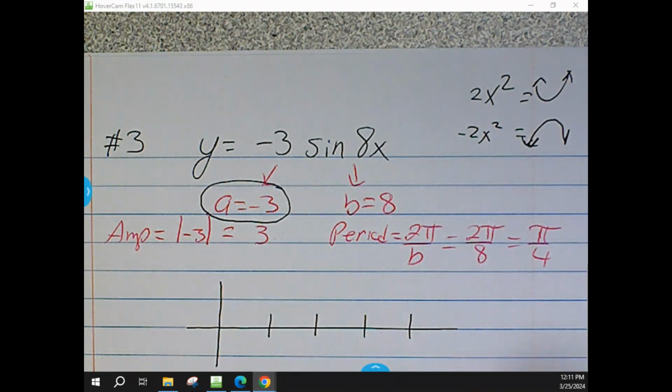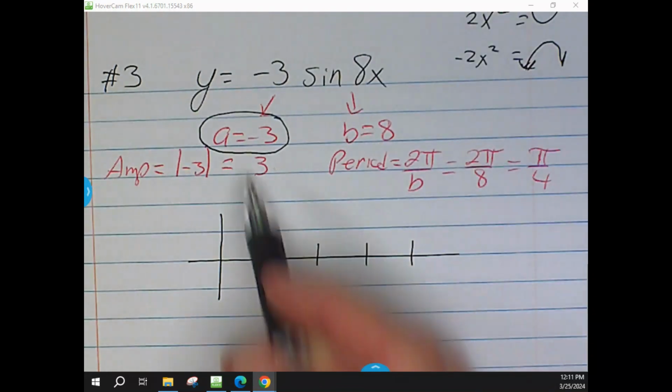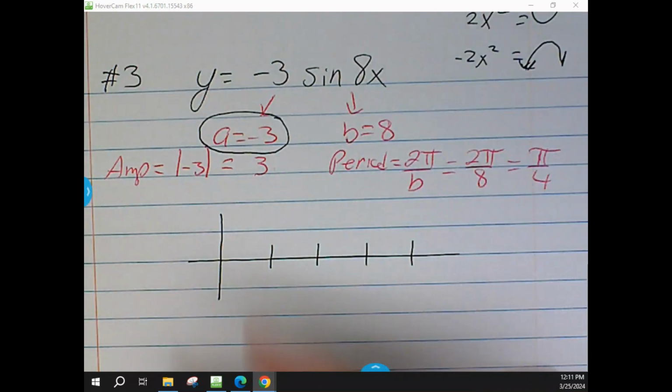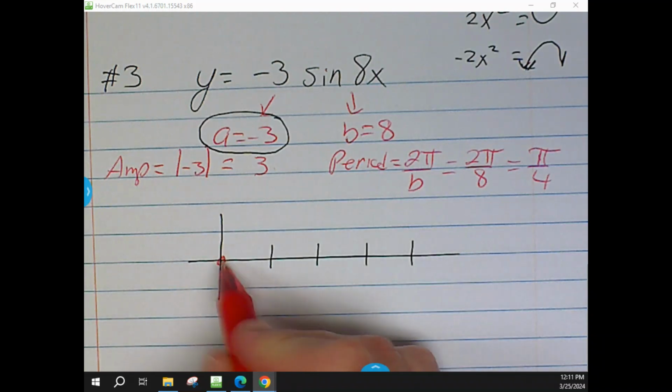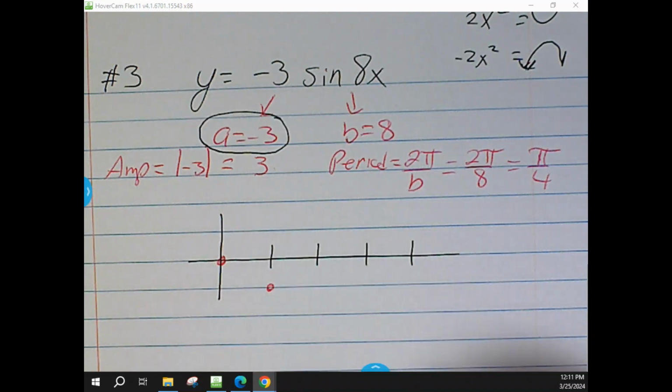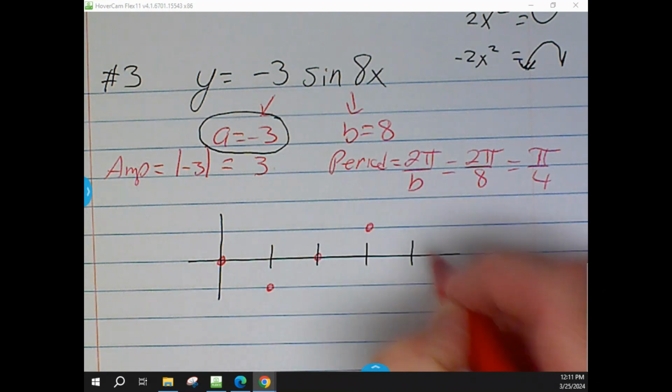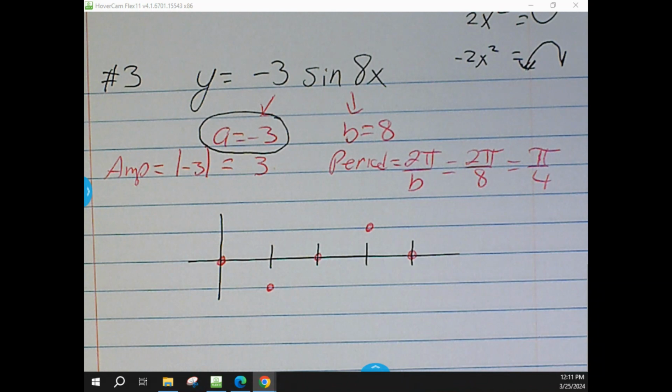Same thing for the sine graph. If the a value is negative, instead of going up, you've got to go down first. So now we're still going to start at 0. We're going to go down, back to the middle, to the top, and then back to the middle.